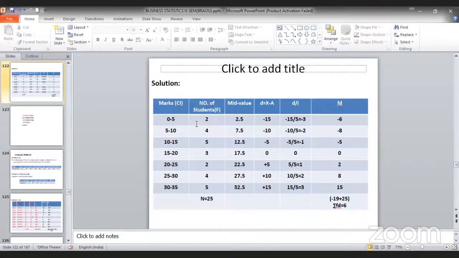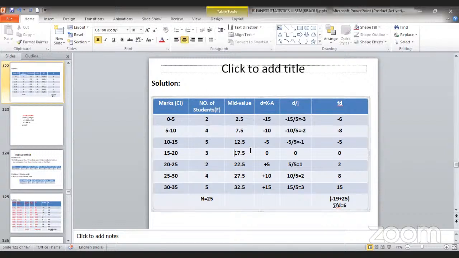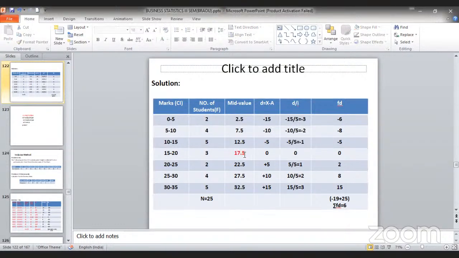Understood? Now from that, I am assuming 17.5, taken from the middle, as the midpoint. So I have assumed 17.5.